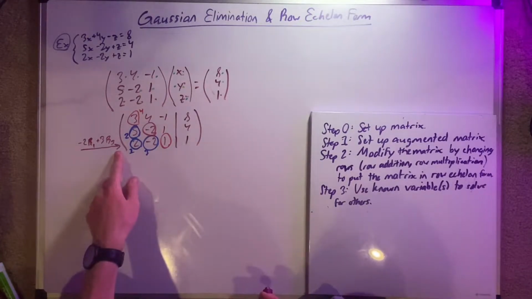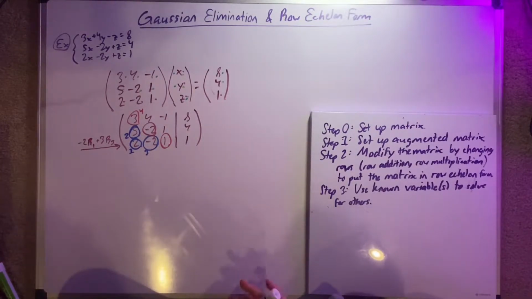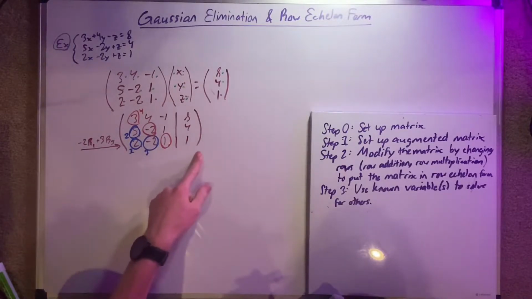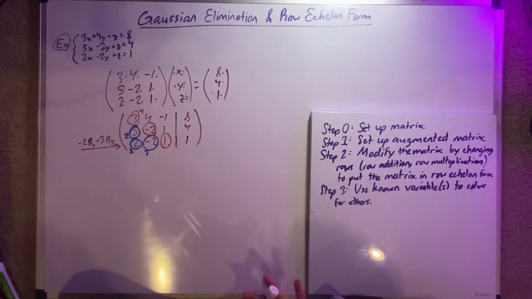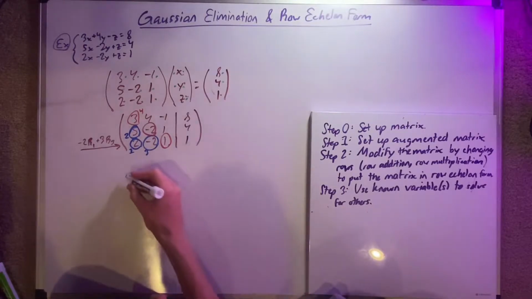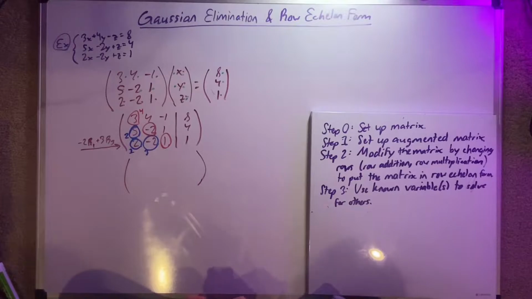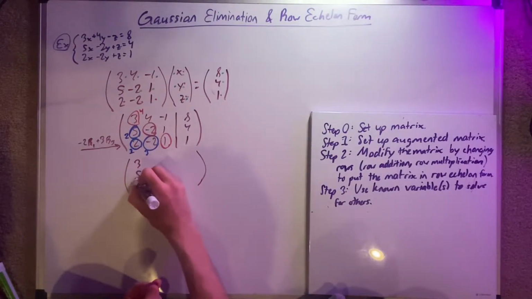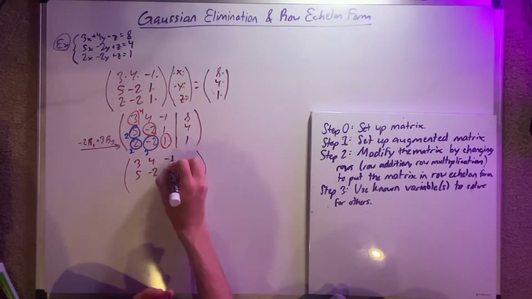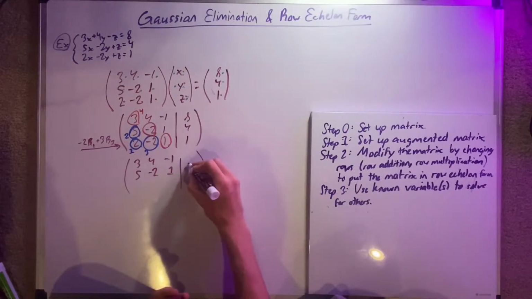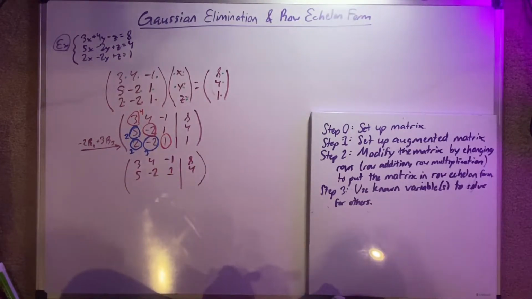And there's a reason why I've put this arrow here. This arrow specifies that we're only modifying this third row. Because when you do this addition here, you are only modifying the one row that you choose. The other ones stay the same.